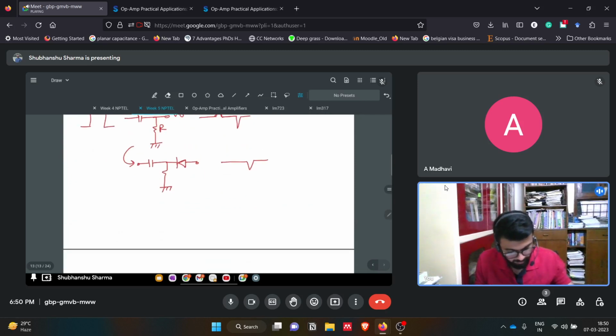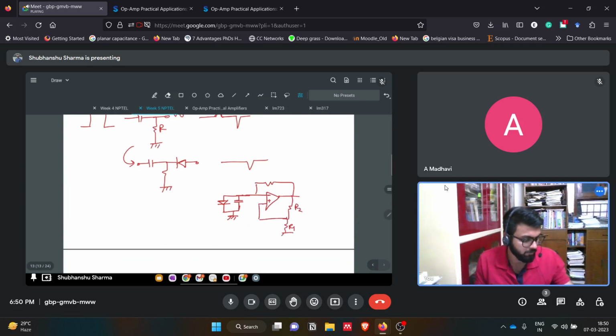For the monostable multivibrator, it will look like this. We have this op amp, plus, this is minus, we have one resistor here, one capacitor here, one diode. Then we have the positive feedback network R2 by R1. This is V naught. This is the trigger circuit.